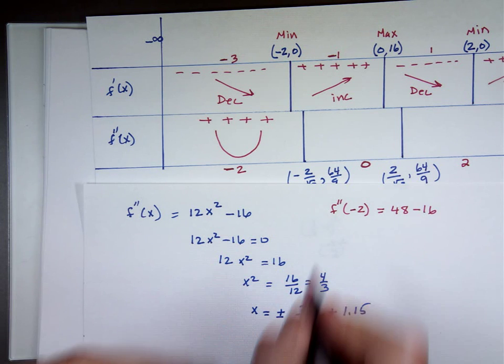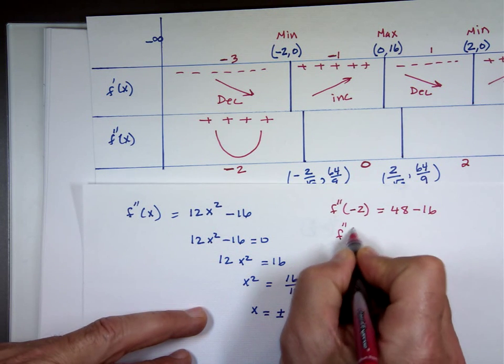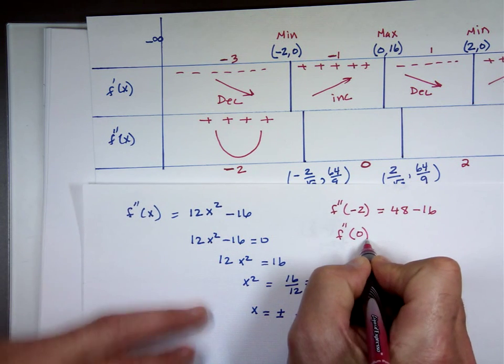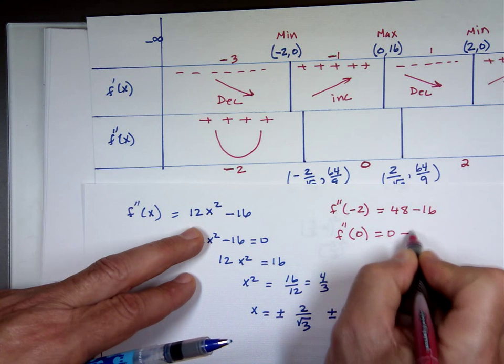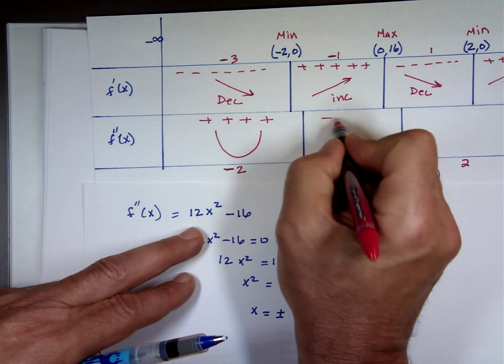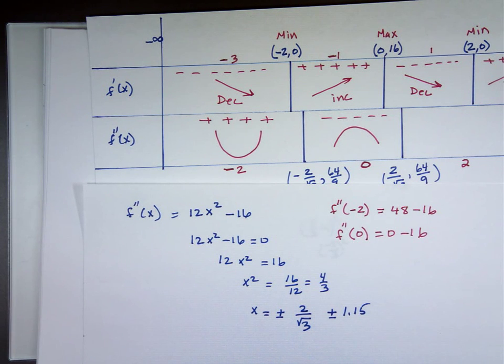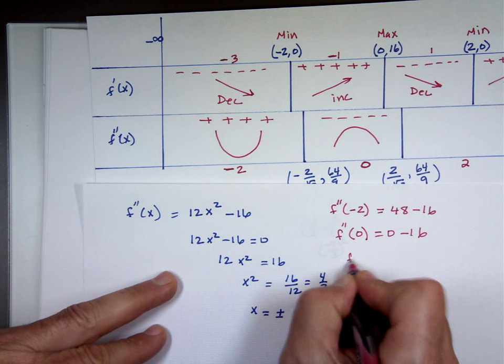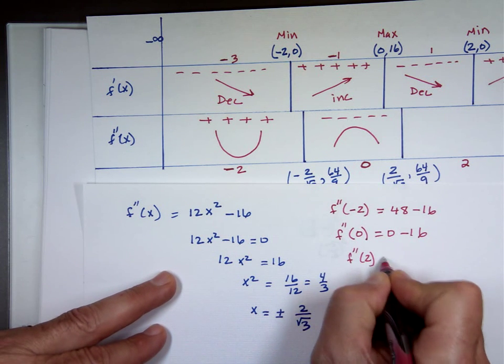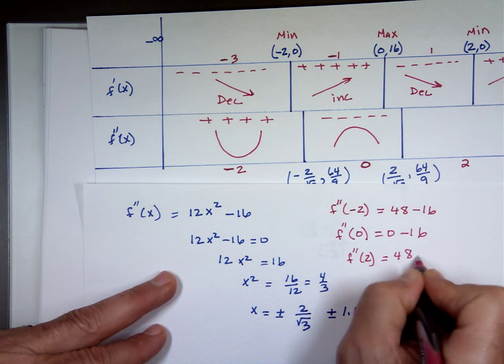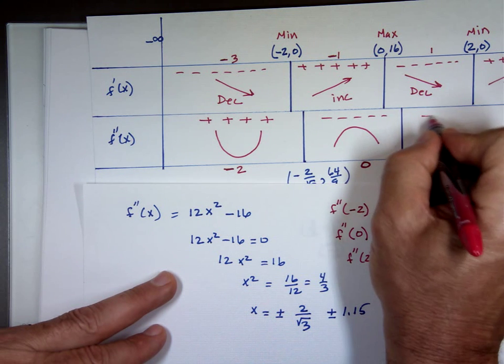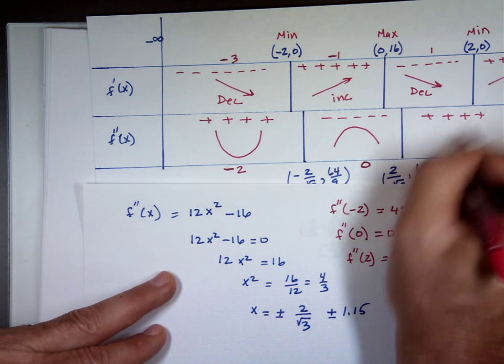What's the second derivative at 0? That's 0 minus 16, negative. That's concave downward. And what is the second derivative at 2? 48 minus 16, positive. That's concave which way? Upward.